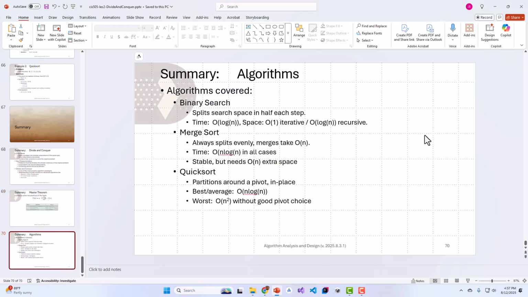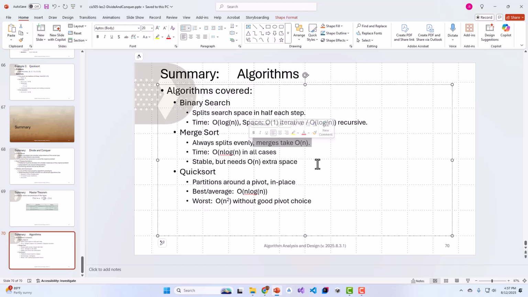And algorithms. So we went over a couple different algorithms. We looked at binary search, which splits the search space in half each step. The time is big O of log n, so it's logarithmic. Space, we didn't really go into, but it's constant space iterative, or log of n if we use a recursive approach. Merge sort always splits evenly, and the merges themselves take big O of n.